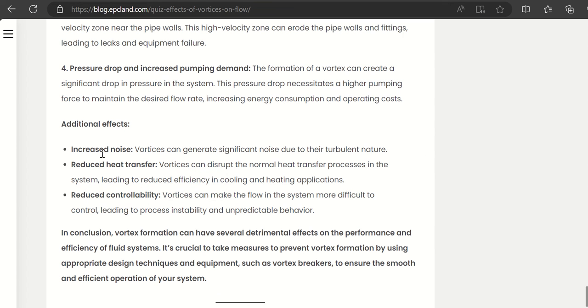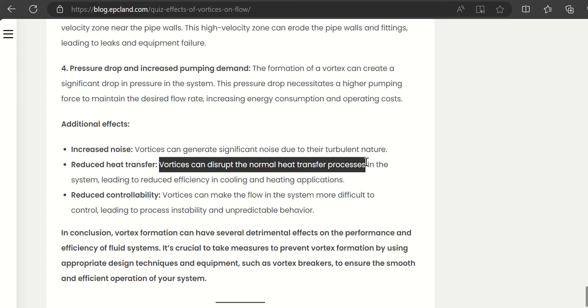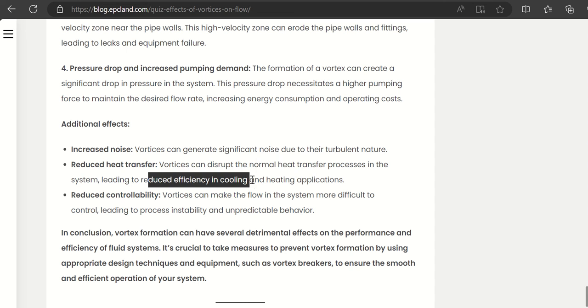Now increased noise: once there is formation of turbulence, this can create additional noises in the system, which again we don't want to generate any unnecessary noise. Reduced heat transfer: these vortices can disrupt the normal heat transfer process, which will again lead to inefficiency of cooling and heating applications.